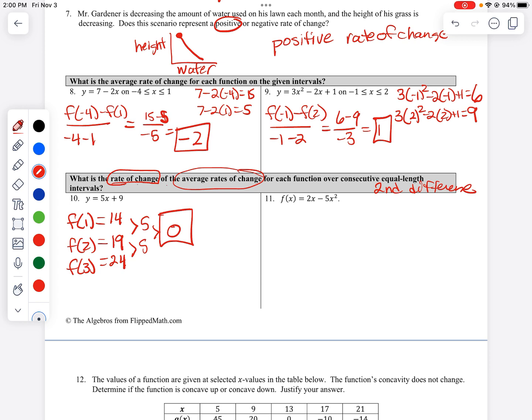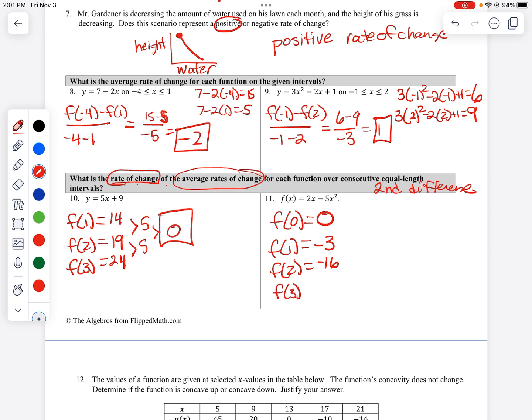What is the rate of change of the average rate of change? So we found our average rate of change. So what about this one? Let's do f of 0, f of 1, f of 2, and see what happens. f of 0 is 0. f of 1, that would be 2 minus 5 is -3. f of 2, 2 times 2 is 4, minus 20 would be -16.